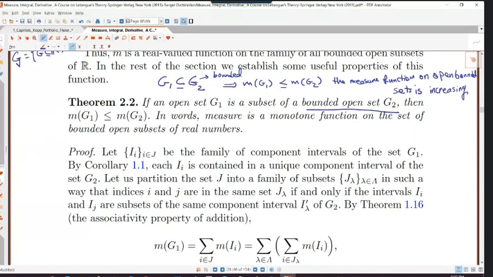It's increasing, in a word. Measure is a monotone function on the set of bounded open subsets of real numbers.